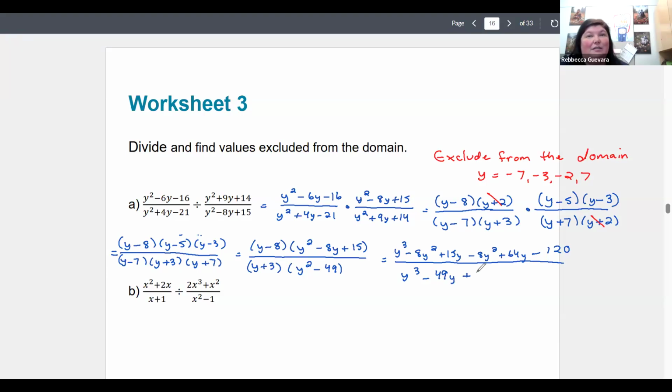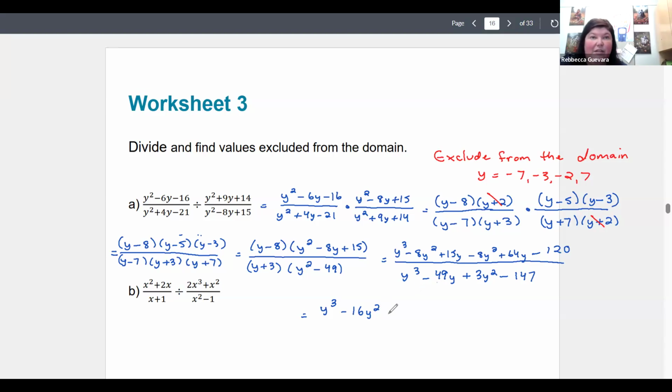3 times y squared, and then 3 times 49. So that would be negative 147. If we simplify this, we have y cubed minus 16y squared. And what's that? 64 plus 15.